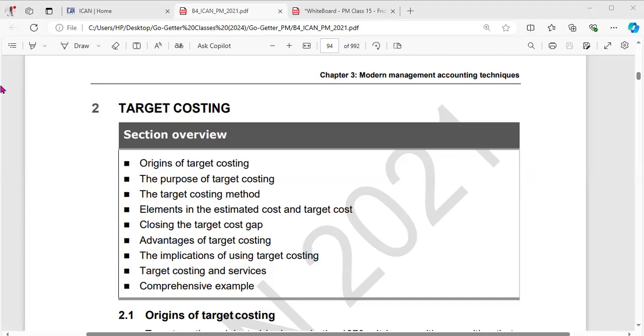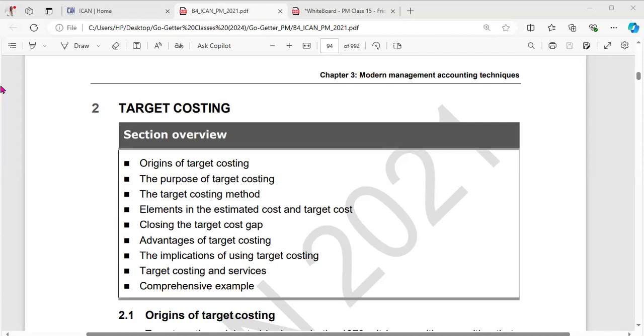Today, we'll be taking the topic called target costing. In this section of our topic, we'll be looking at the origin of target costing, the purpose of target costing, the method used in target costing, the elements in the estimated cost and target costs.